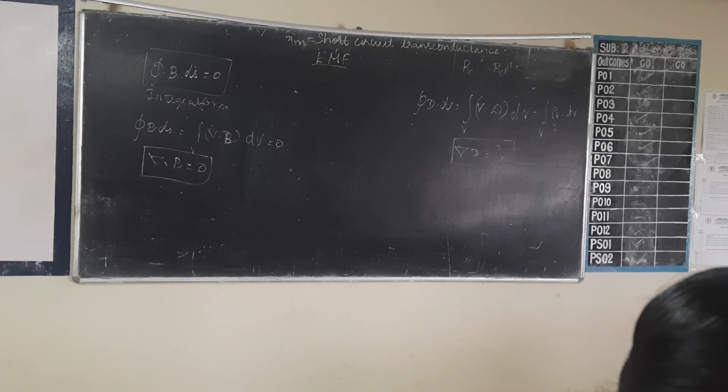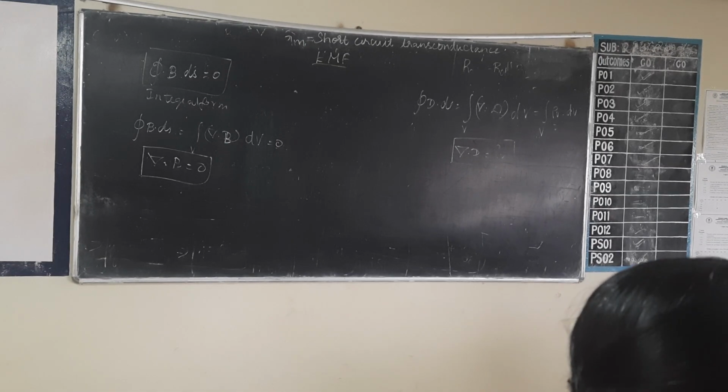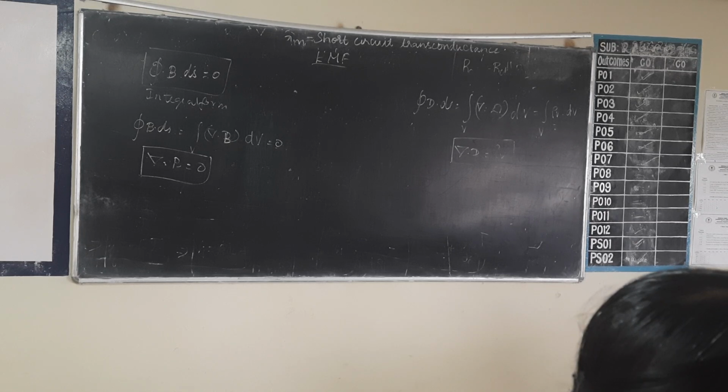Del dot B is equal to 0. This is the point form or differential form of Maxwell's equation from Gauss law for the magnetostatic field.